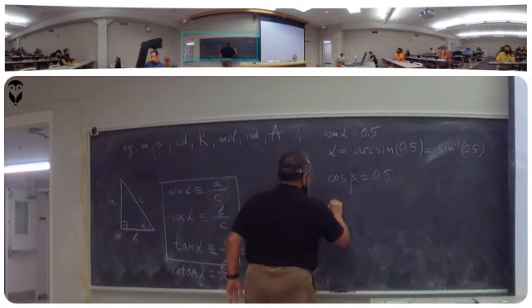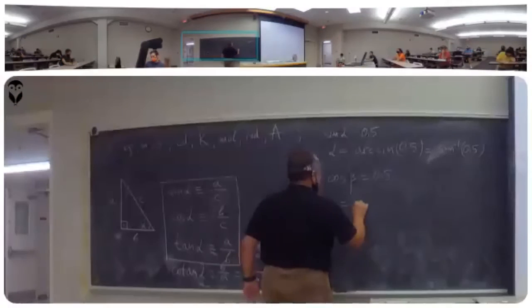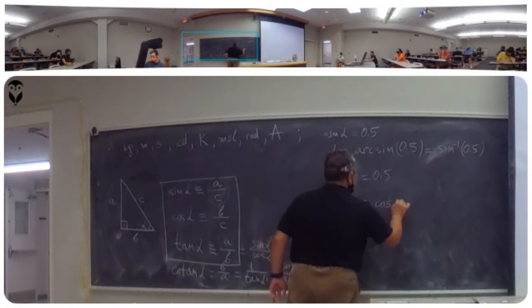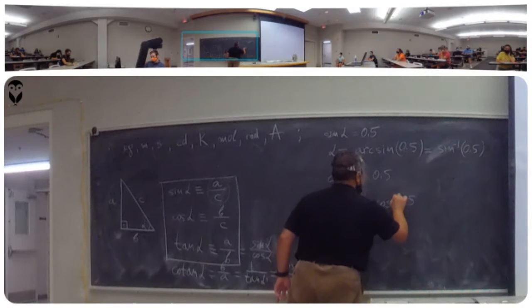So you say the angle beta is obtained by applying the inverse cosine function to the number 0.5.